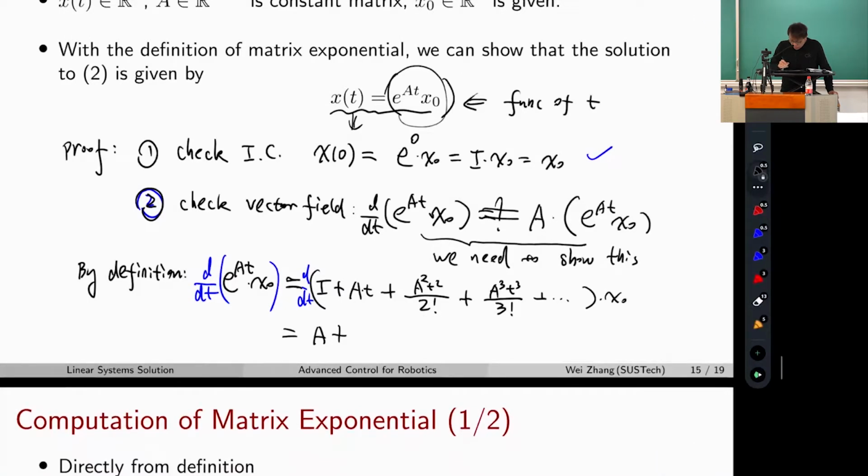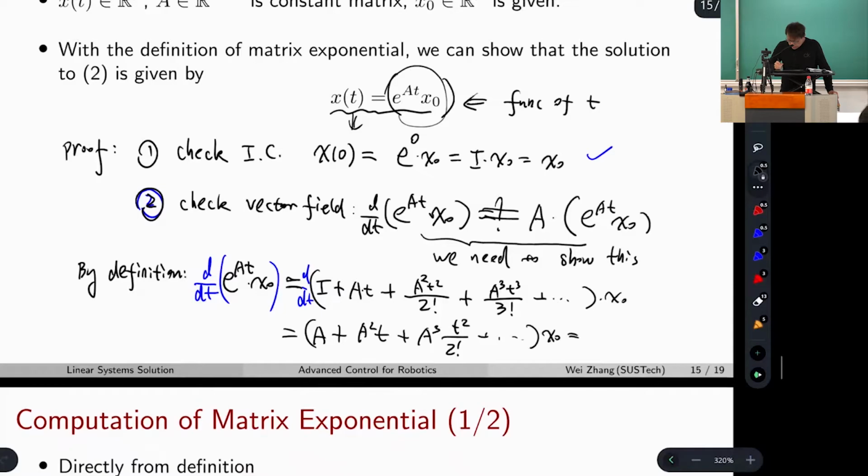Then the t squared term: this is A squared times t squared over 2, and the derivative of t squared is 2t, so the 2 cancels with 2 and leaves t. Plus A cubed, the 3 cancels, leaving t squared over 2 factorial. And so on, all the way to the future.